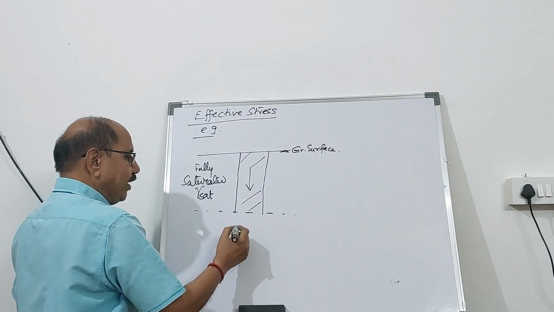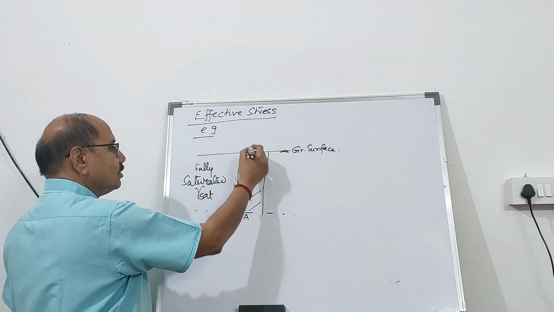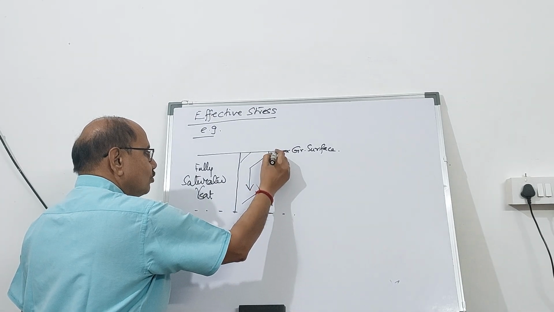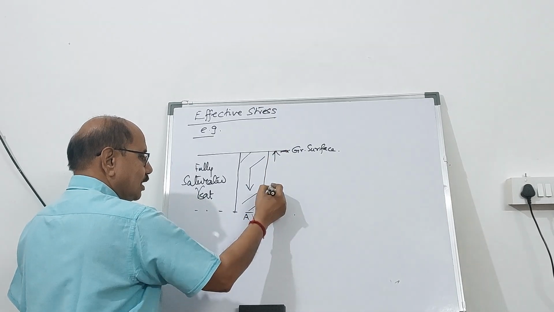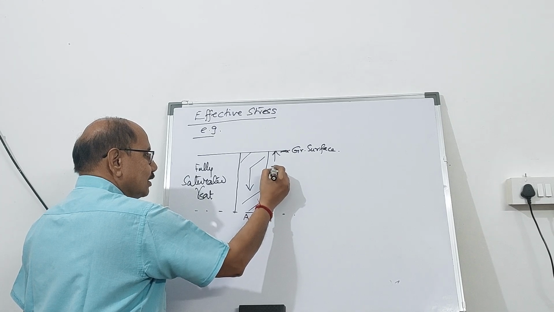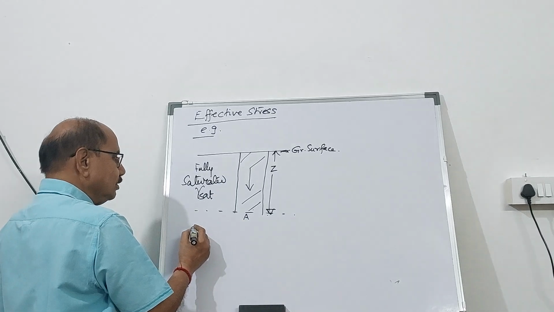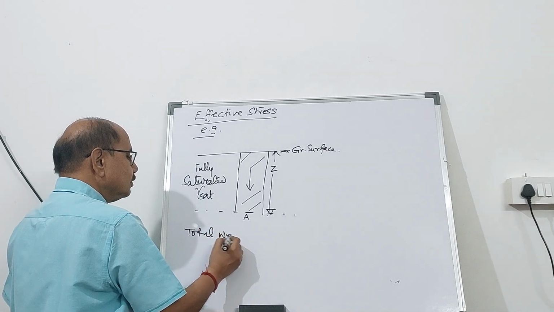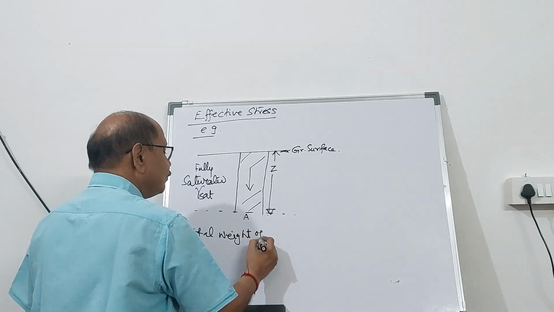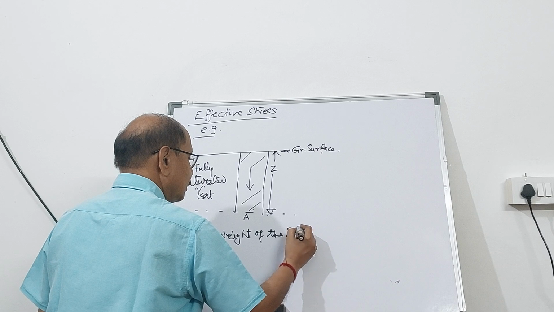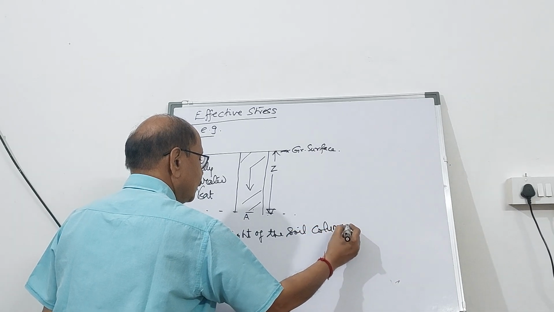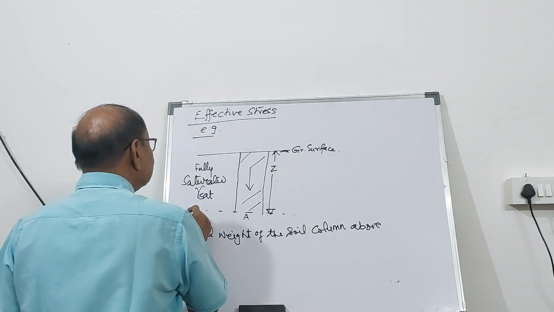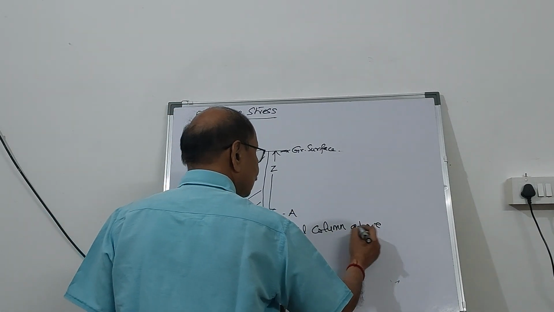So how much will be the weight? The cross-sectional area of this soil column is A, and the height is taken from the ground surface up to the bottom of this soil column, and let's say this is equal to Z. Then what is the total weight of this soil column above A?